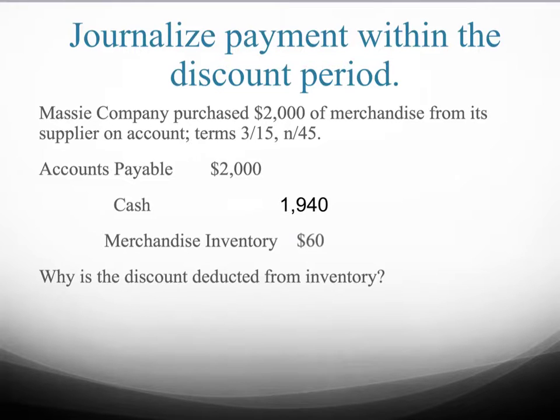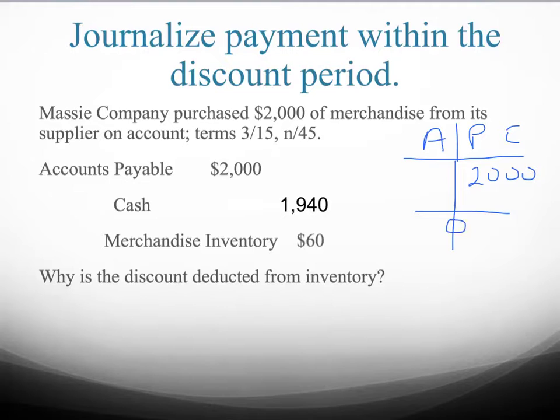We are going to pay within the discount period, and so we're going to once again take a look at our accounts payable T account. Accounts payable is a liability account with a credit balance, and we had originally made a purchase for $2,000. When we go to pay on that purchase, we would like to have that account go to zero.